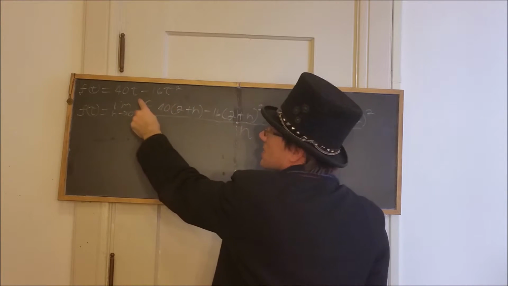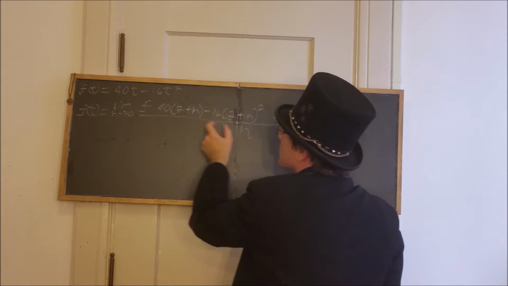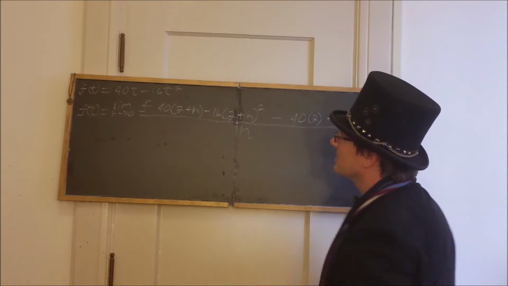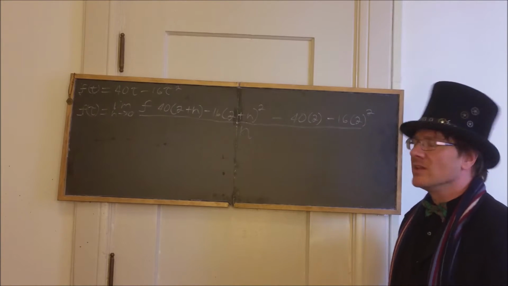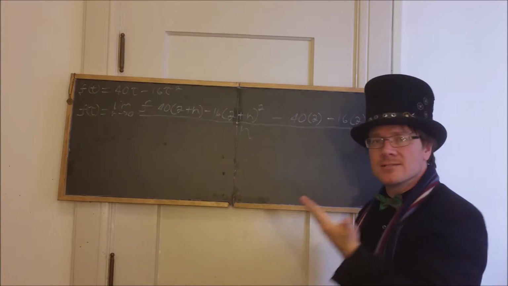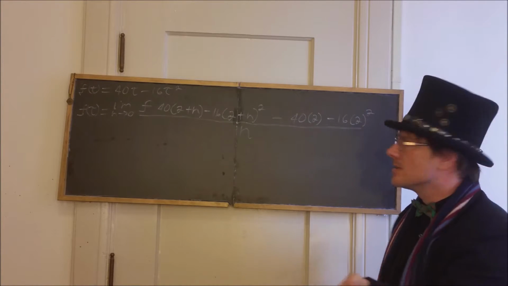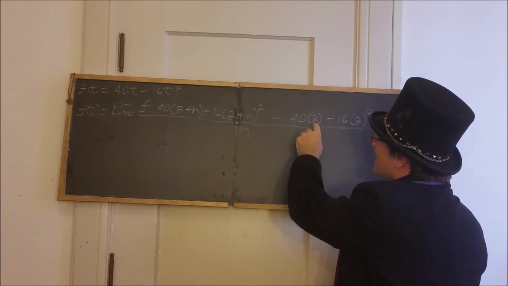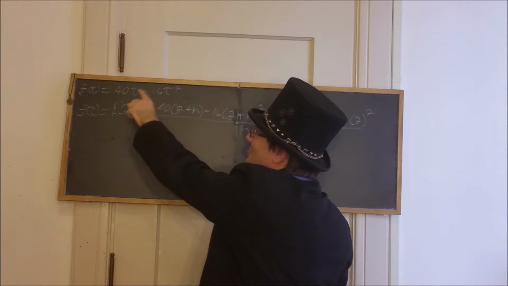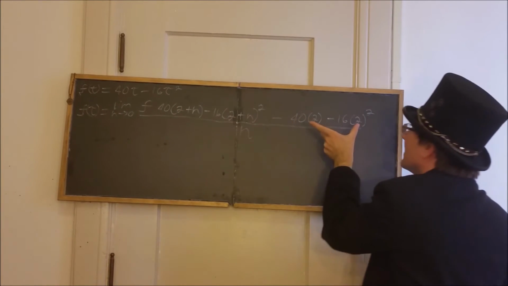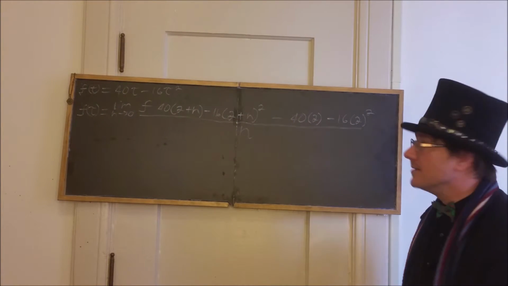So we plug the 2 plus h into the t, and then we plug 2 plus h into that t, and that's what it looks like for the left side of the equation. And then we just simply plug t sub 0, 2 into t sub 0. And then we plug that 2 into those t's, and then we would take that equation and plug the whole thing into the right side.